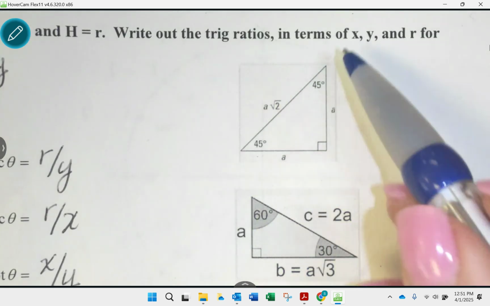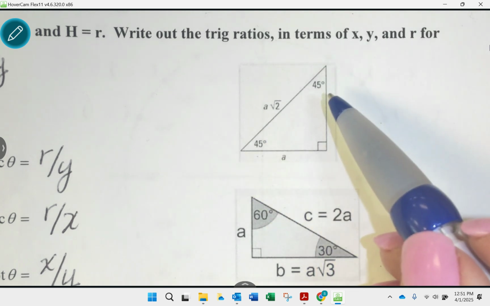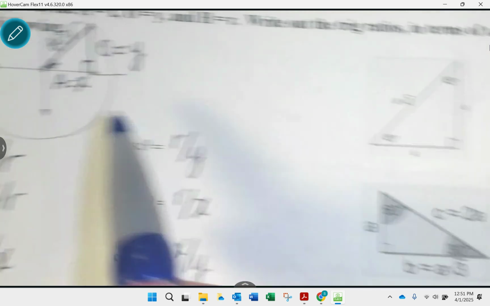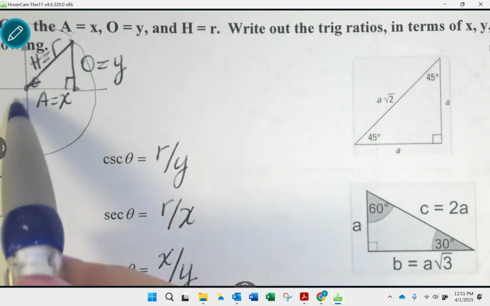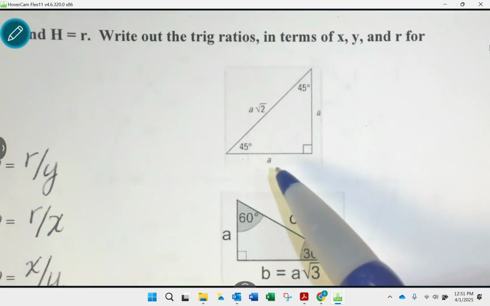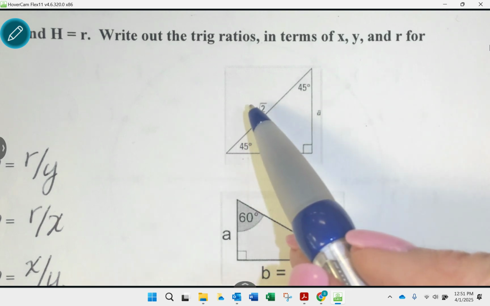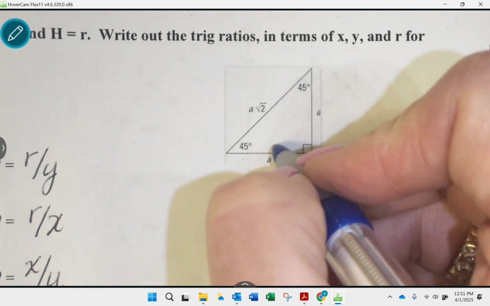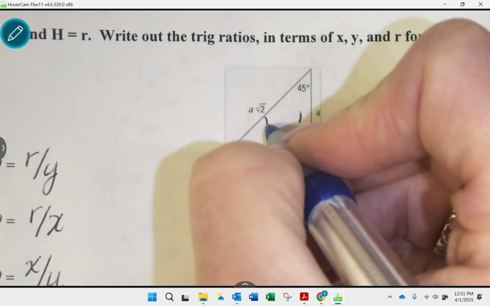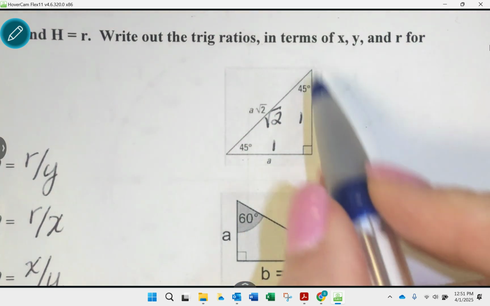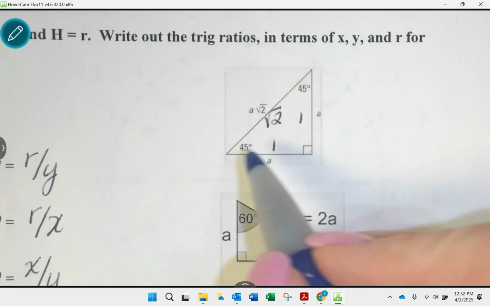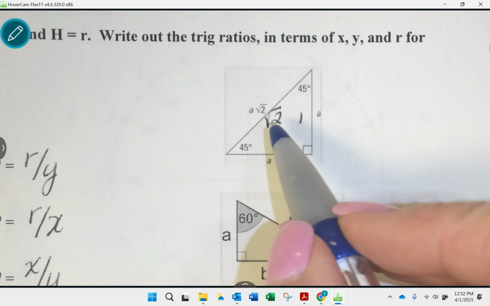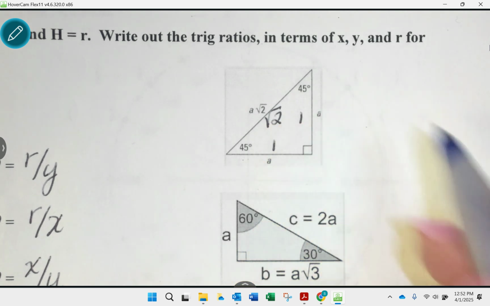Now, we also know that the ratio for the 45, 45, 90 always goes x, x, x radical 2. But I don't want you to get the x here confused with the x here. So I changed it. I made it a radical 2. But I could also just divide all these sides by a and think of this as 1, 1, radical 2. This is where I'd like you to go with this. Anytime we have a 45, 45, 90, we're going to think of 1, 1, radical 2 as our ratio.